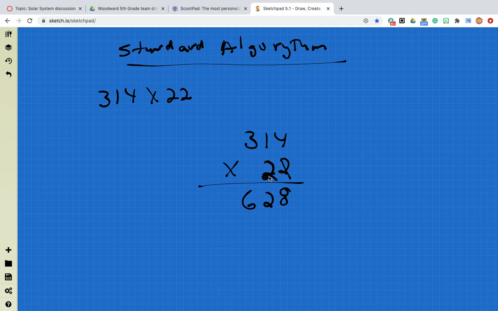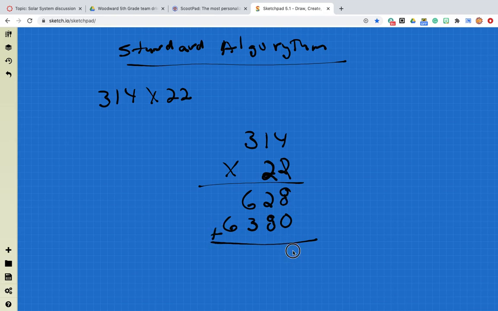So this is 2 tens times 4, which is going to be 8 tens. 8 in the tens place. 2 tens times 1 ten is going to be 2 hundreds, because tens times tens is 100. 2 tens times 3 hundreds is going to be 6, but tens times hundreds is thousands. So I got 6,000.